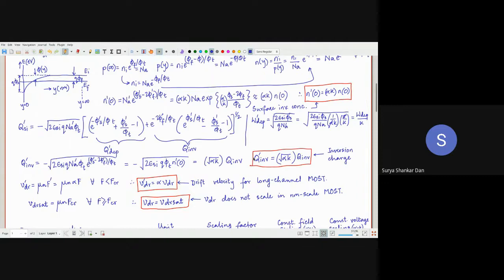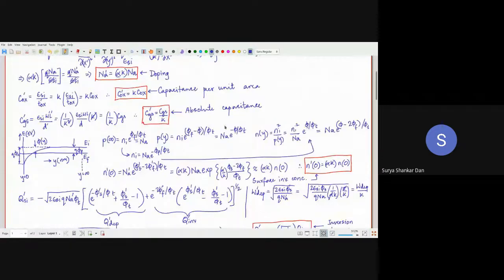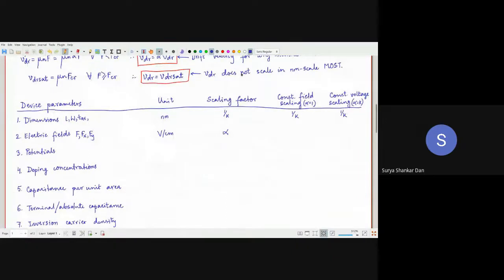Alpha, which we have seen here. That is the basic premise of the generalized scaling theory. So under constant field scaling, it is going to be 1 because alpha is equal to 1. And for constant voltage scaling, notice that alpha is equal to k. So this essentially becomes equal to k.